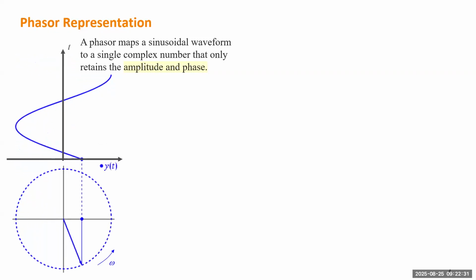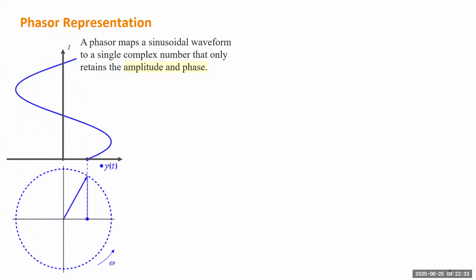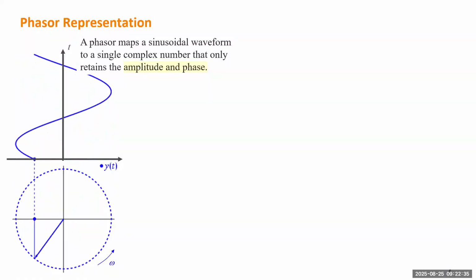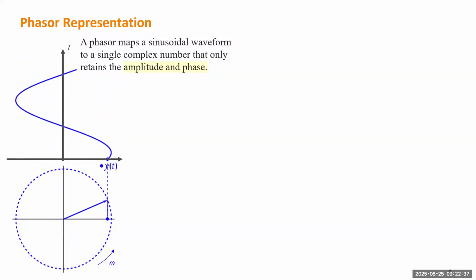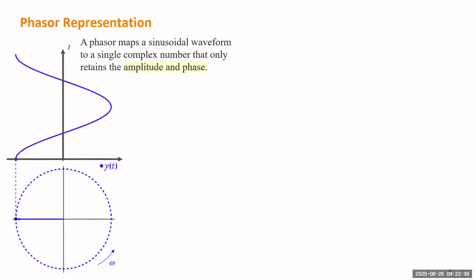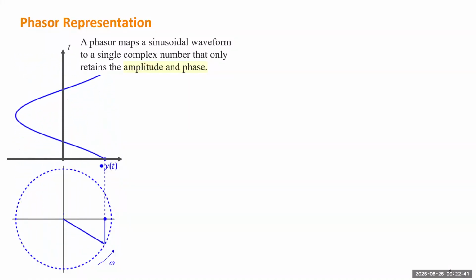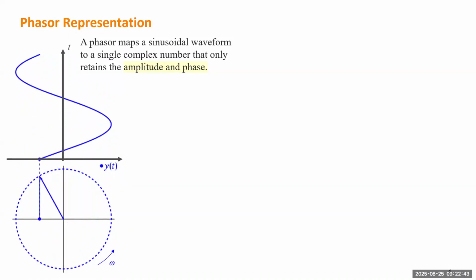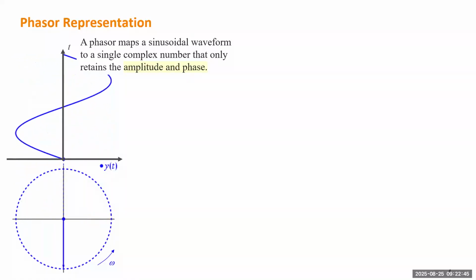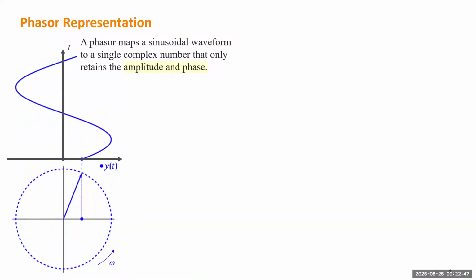For instance, if you have a sinusoidal waveform changing with time, the amplitude will stay the same, and the value will change between the positive and negative amplitude.